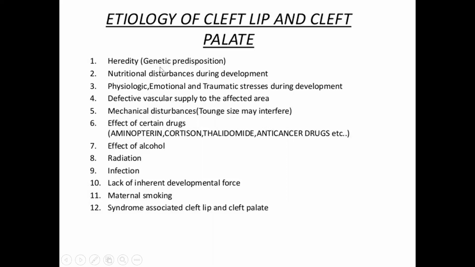If your father, mother, or grandparents have a cleft palate or cleft lip, there is more chance that the newborn baby has it compared with a family where no one has. Sometimes one generation may be missed, so the third generation can have a cleft lip or cleft palate.